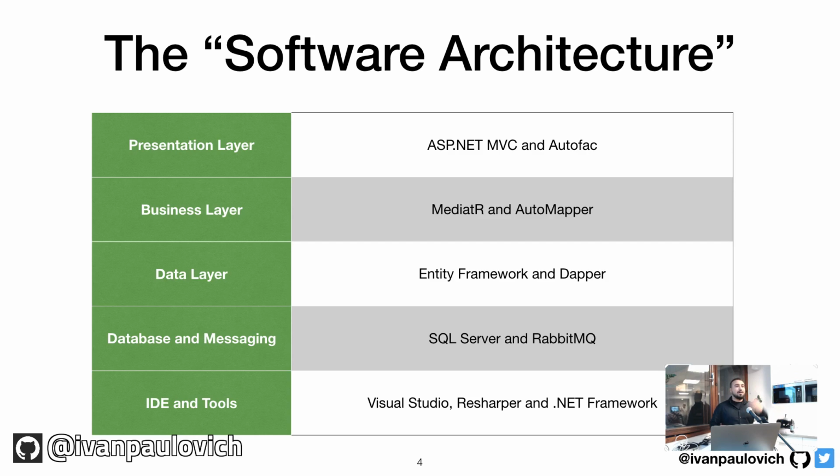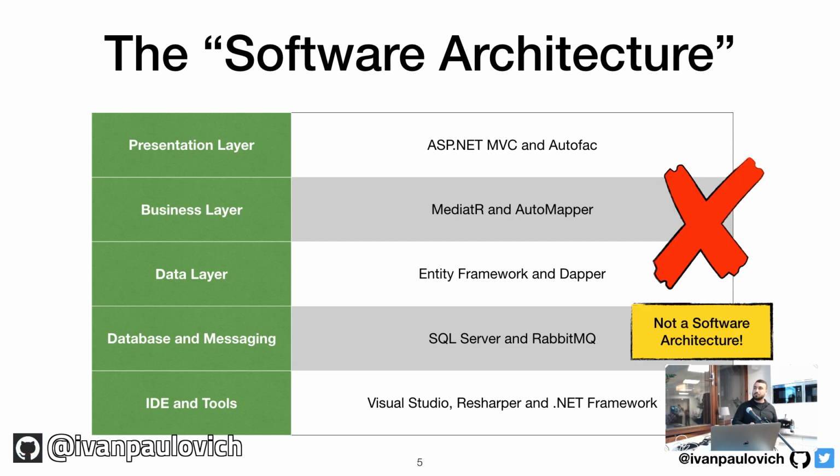I'm not taking anything out of the blue here. I've seen many descriptions like that before. And I have a strong statement here, and I'm going to sustain the idea along the talk that this is not software architecture. I'm going to explain why and how you can improve the software architecture in a different way.